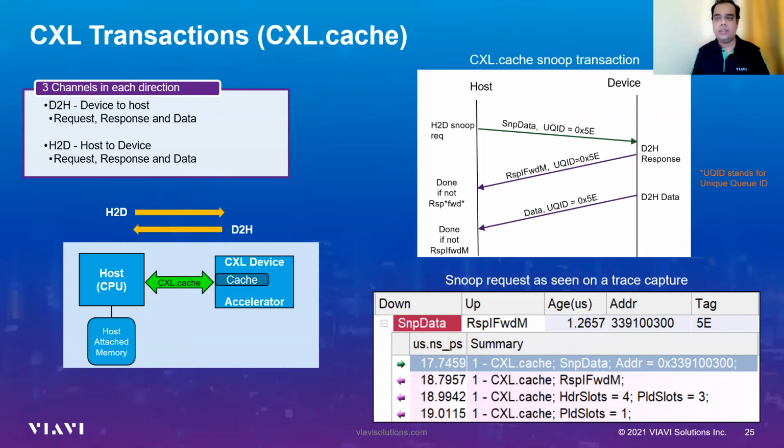The H2D requests are usually snoop requests to maintain coherency by checking the cache state and changing the cache state of the device if needed. And the device responds to these snoop messages and indicates any state change as well, and provides the return data to the host as requested.